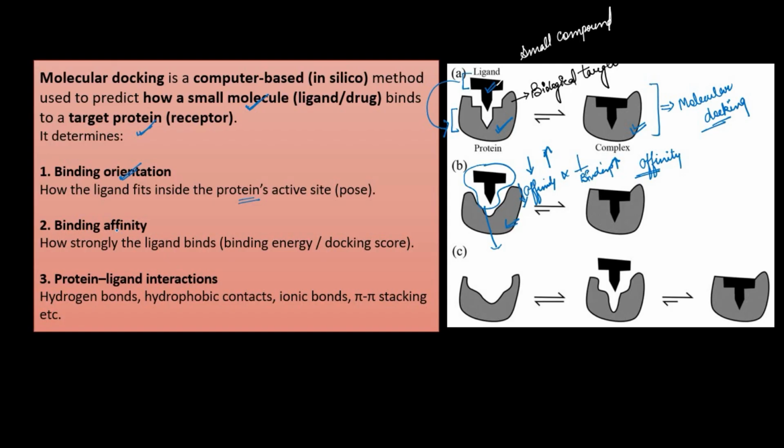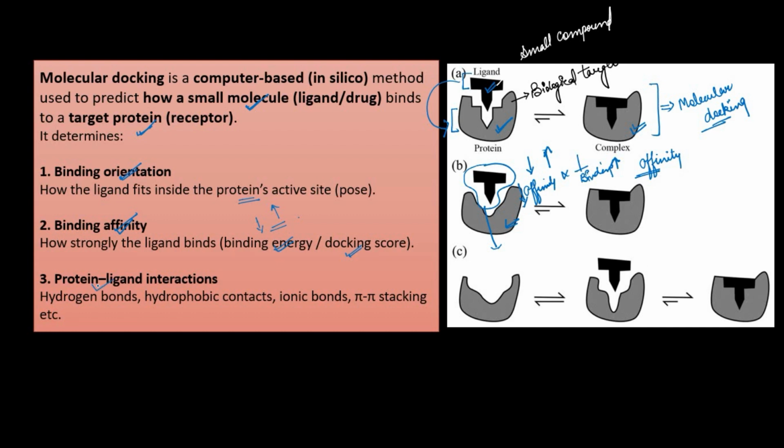We also find the binding affinity, how strongly the ligand binds with your protein, and this result is known as the binding energy or docking score. Less the docking score, more the affinity. They are inversely proportional to each other.